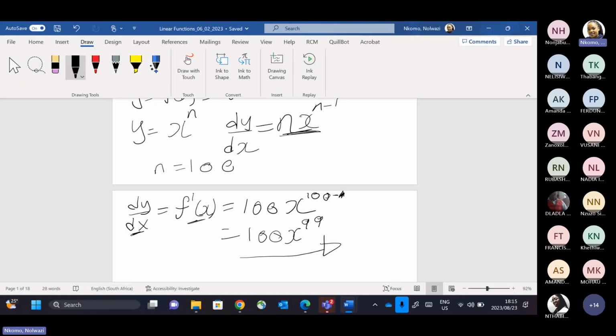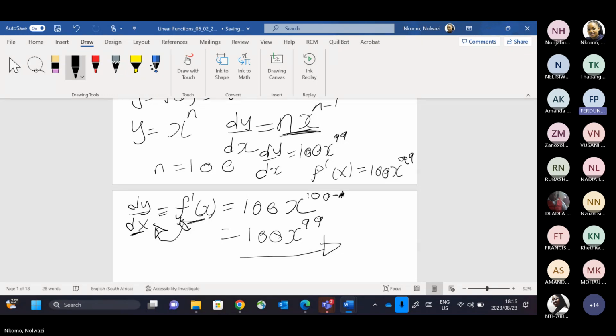That's why I have equal here. You can write dy over dx is equal to 100 x to the power 99, or you can write f prime of x equals 100 x to the power 99. There is no need for you to write both of them because it's the same thing. The reason I wrote it is because other people prefer y prime and others prefer dy over dx, so I'm just trying to accommodate everyone. All right, thank you.